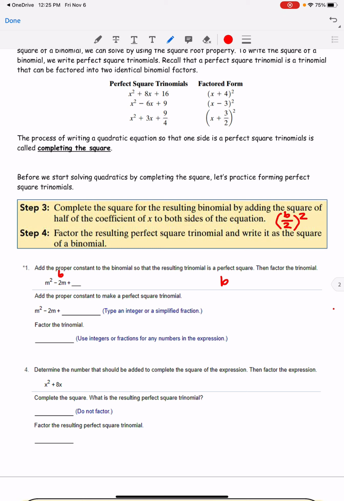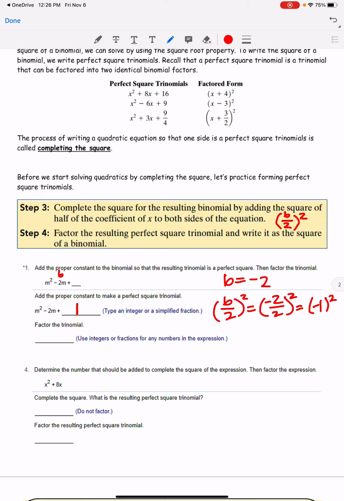So if my b is -2, use your formula of b over 2 quantity squared. So that means I've got -2 over 2 quantity squared. -2 divided by 2 is -1. And -1 times -1 is +1. Okay, so that's what we're adding to that to make it a perfect square trinomial.